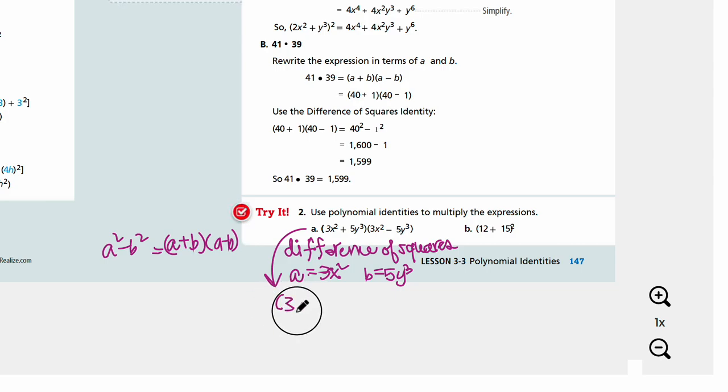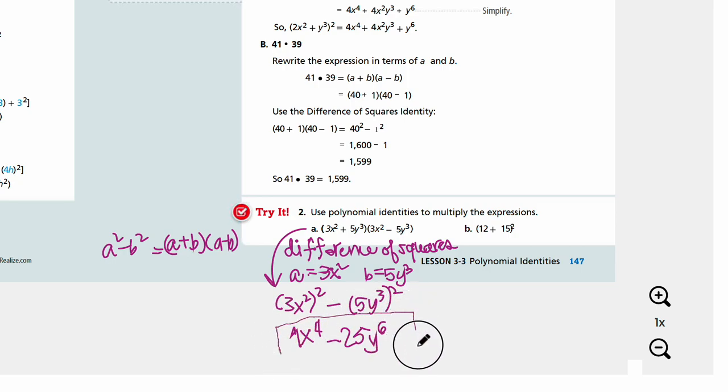So then we just make sure that we plug in the right numbers, and then we square them, and you're going to get 9x to the 4th power minus 25y to the 6th power. So this is your final answer. That is a 9, not 4.